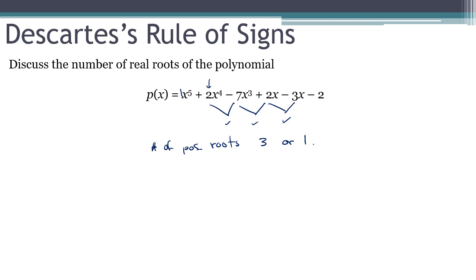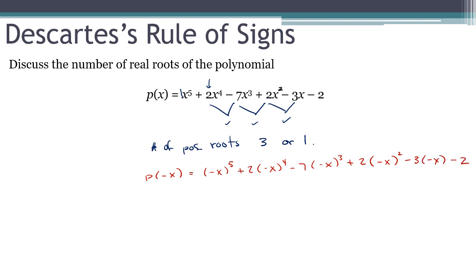Now, how about negative roots? Remember, we're going to do almost the same thing. First, I'm going to calculate p of negative x. That's negative x to the fifth plus 2 times negative x to the fourth minus 7 times negative x to the third plus 2 times negative x squared minus 3 times negative x minus 2.